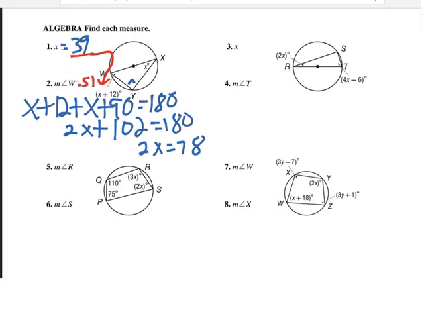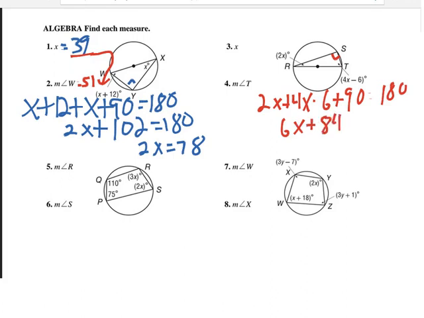So let's look at numbers 3 and 4. Again, look at that, 90 degrees. So it's going to be 2x plus 4x minus 6 plus 90 equals 180. So it's going to be 6x plus 84 equals 180.